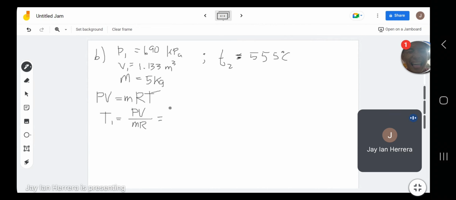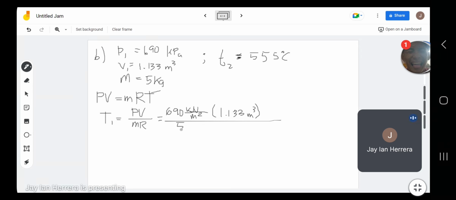We have 690 kilonewton per meter squared multiplied by volume natin that is 1.133 cubic meter.